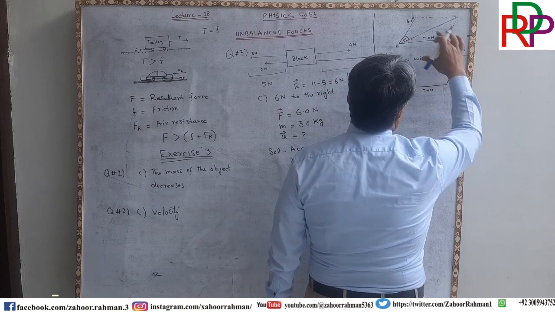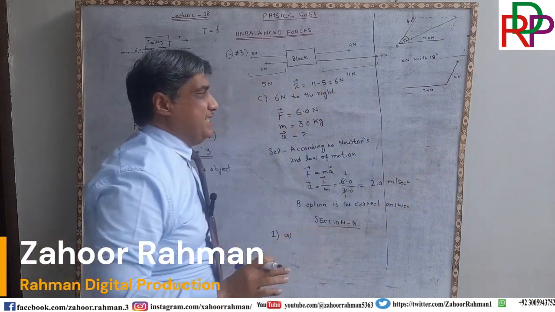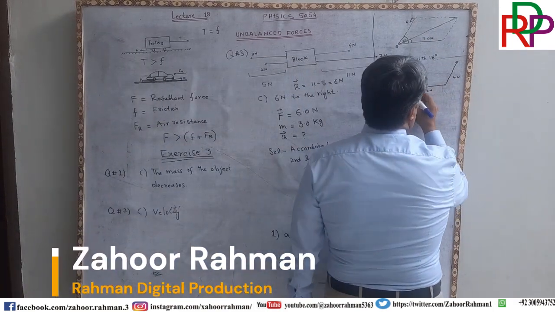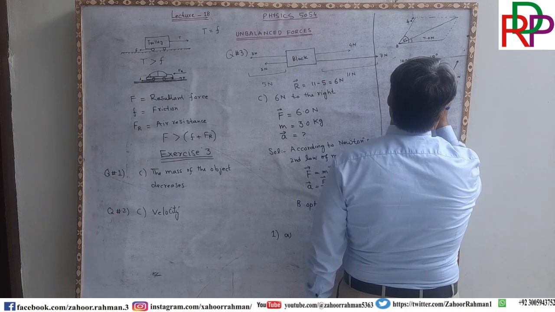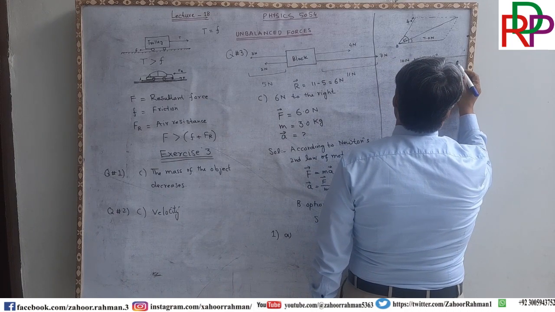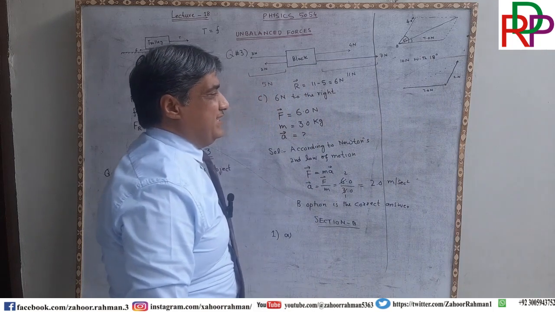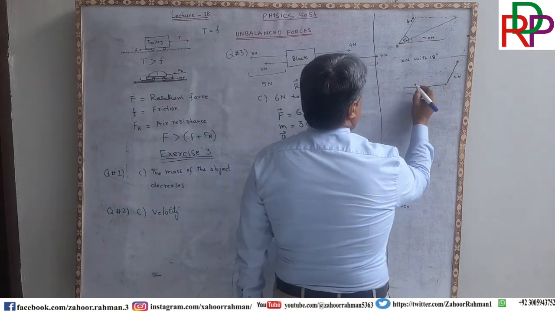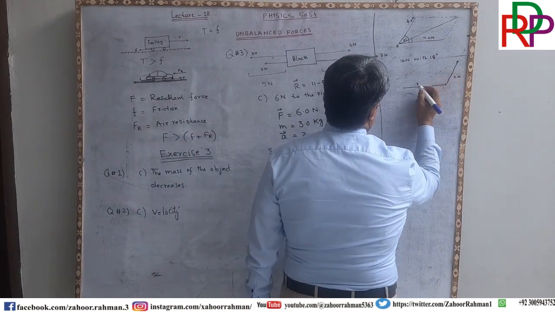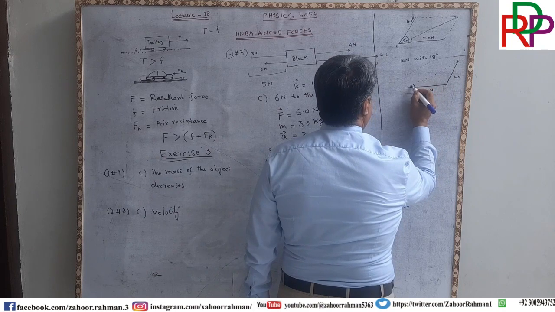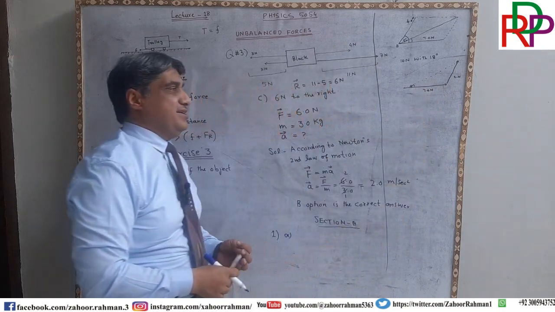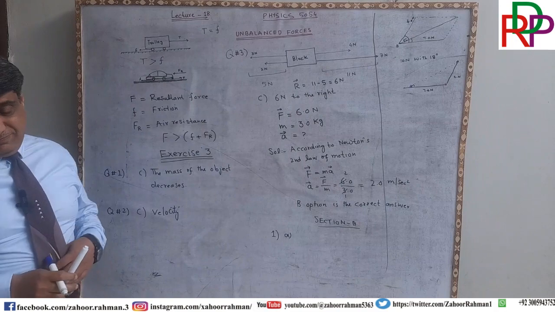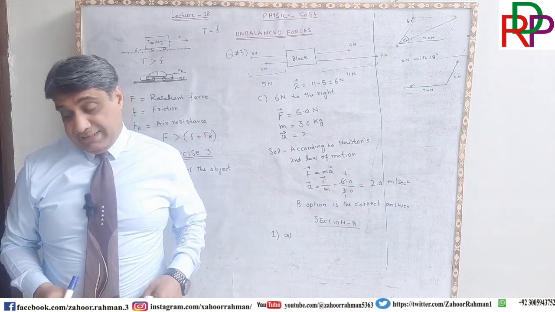The magnitude and the direction must be the same. Then you have to draw a representative line from the tail of the first vector till the end of the last vector. So when you measure this, it will be 10 Newton and it will make an angle of 18 degrees. You can draw this to a scale.